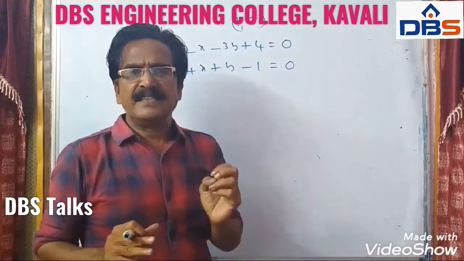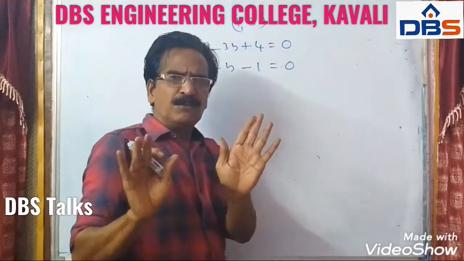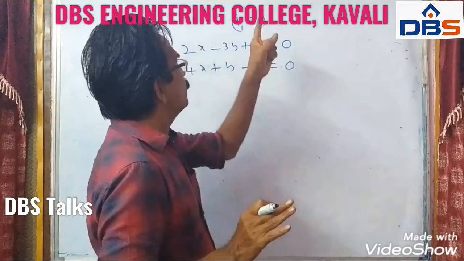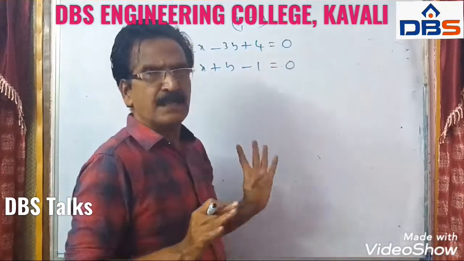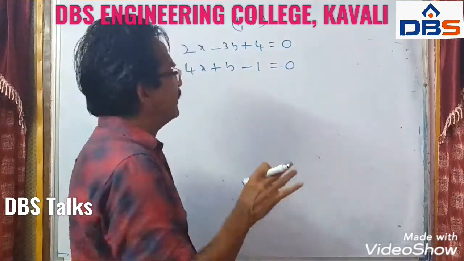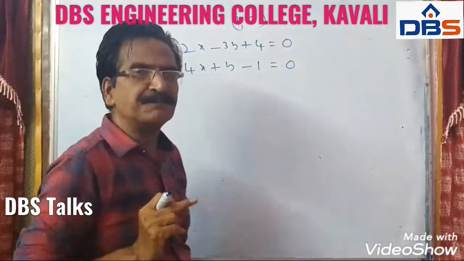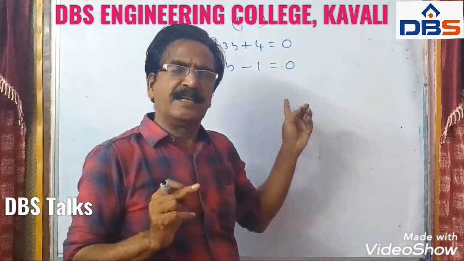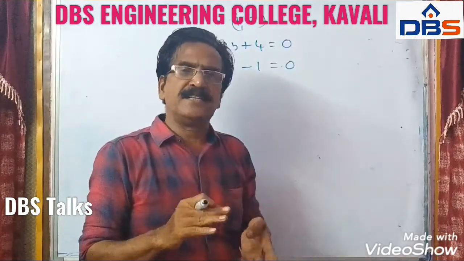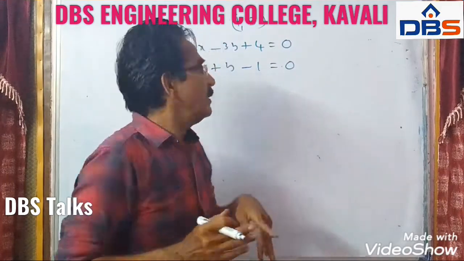That is one way. The other way: we can find the point of intersection of these two lines by solving these two equations. Let us do it both ways, and you can select the better way, whichever you feel comfortable.